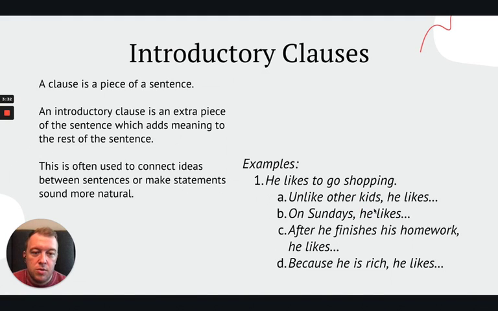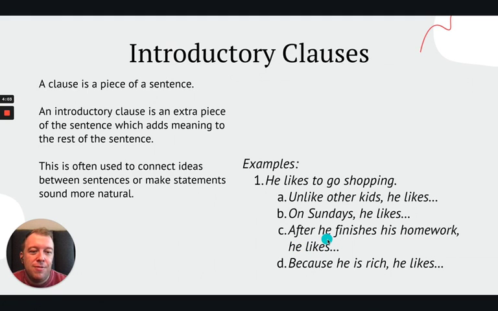In this one, we are making a contrast, a comparison to what other kids are like. Maybe other kids like baseball. He likes shopping. He is different. It's adding that information. This one, on Sundays, he likes to go shopping. This is giving us a specific time. He may not like going shopping on Fridays or Thursdays, but on Sunday, the kid loves to shop.